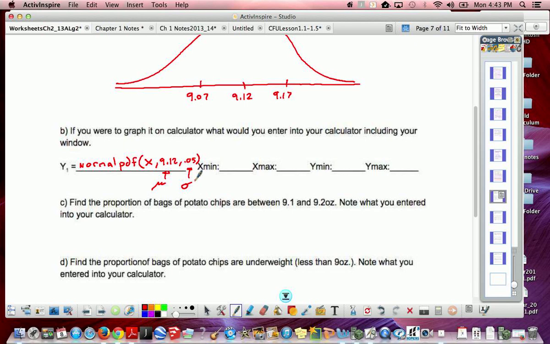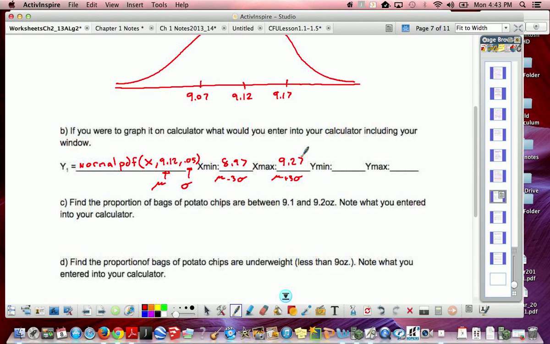To get the window, we want to take the mean minus 3 standard deviations and the mean plus 3 standard deviations. So if you continue to add and subtract 0.05s, the minimum will be 8.97, your maximum will be 9.27.